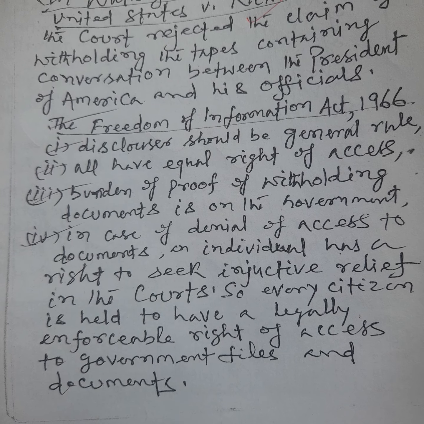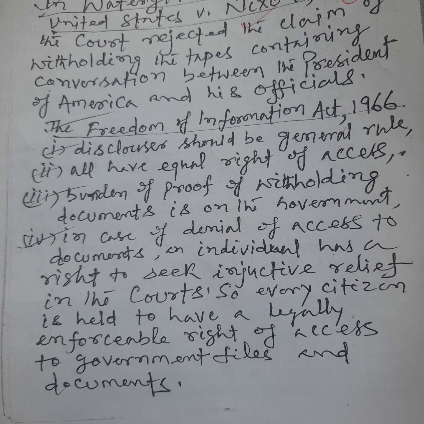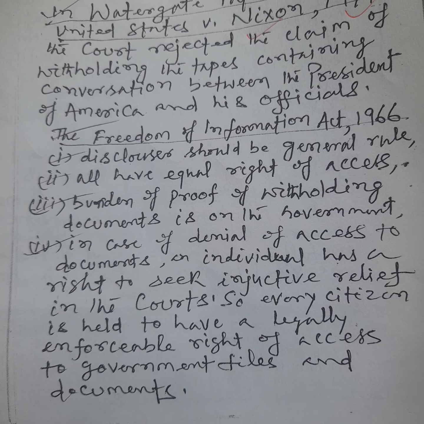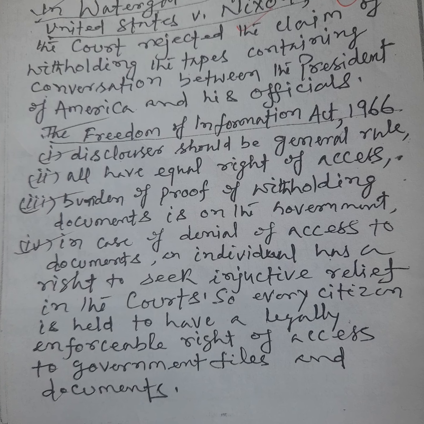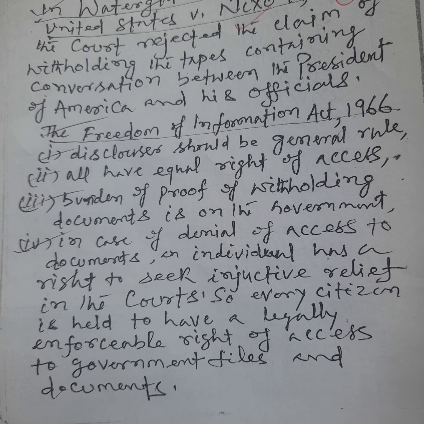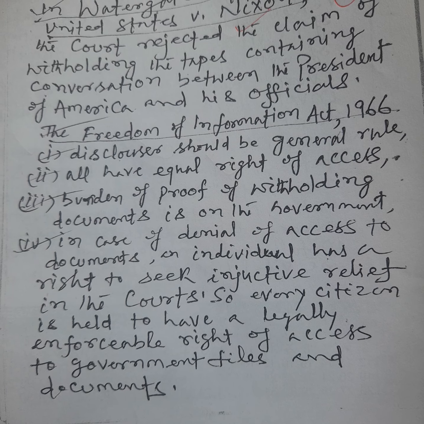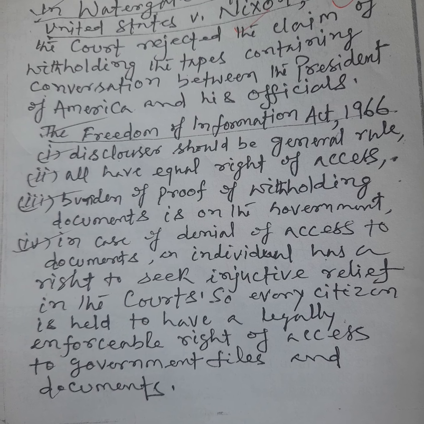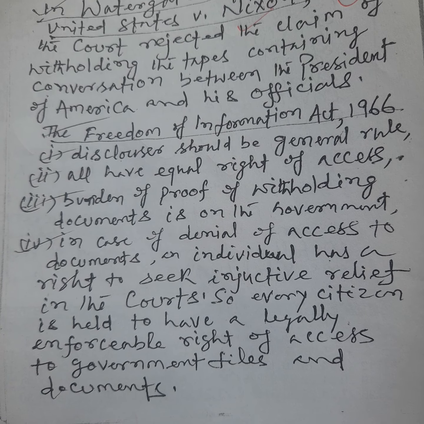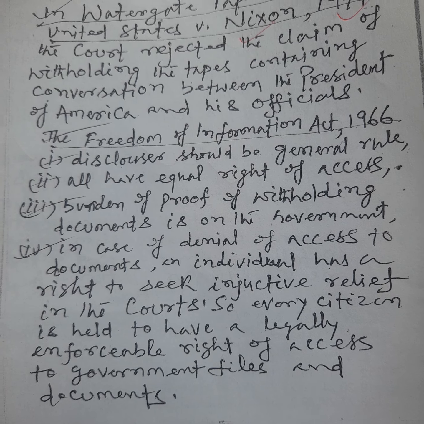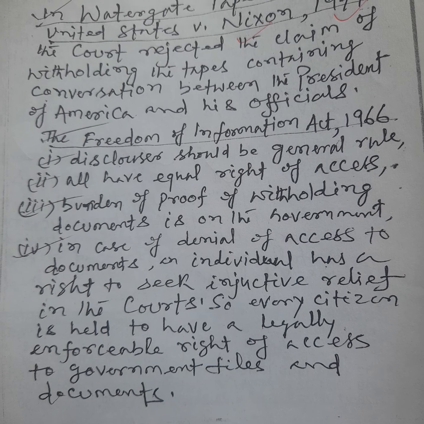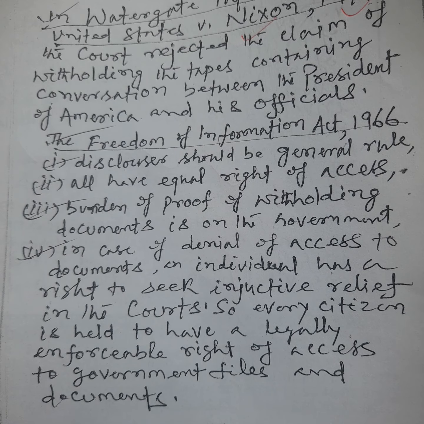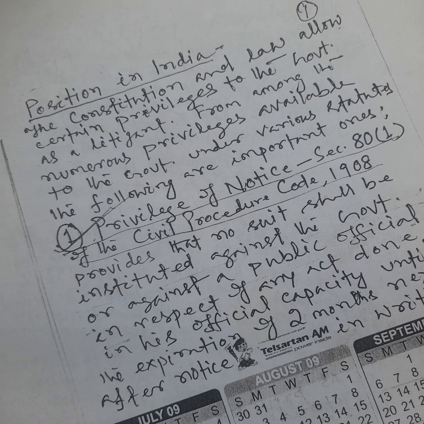And lastly, in case of denial of access to documents, an individual has a right to seek injunctive relief in the court. So every citizen is held to have a legally enforceable right of access to government files and documents.